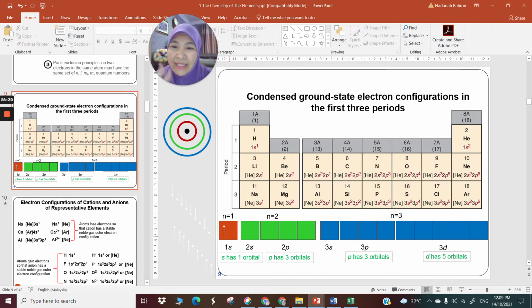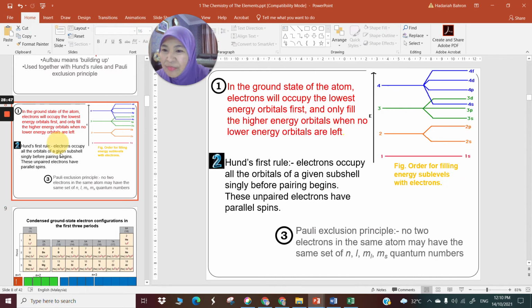And then when the second electron comes along, it cannot be of the same orientation as this first one, because if you remember Hund's rule, electrons occupy all orbitals of a given subshell singly. Once it is full with that, then they can start to pair up.